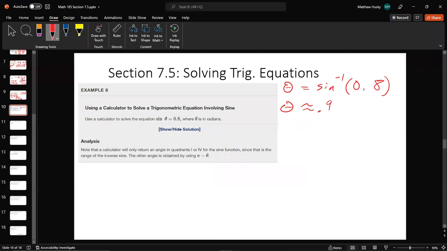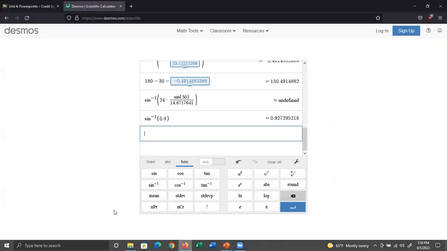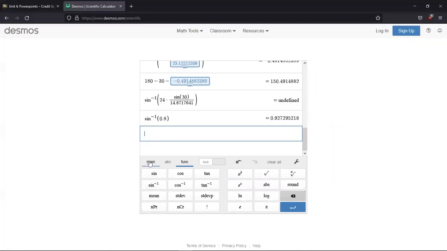That is 0.9273. So that's going to be somewhere over here. It's going to be 0.9273. This right here is pi over 2. Pi over 2 is roughly 1.6.